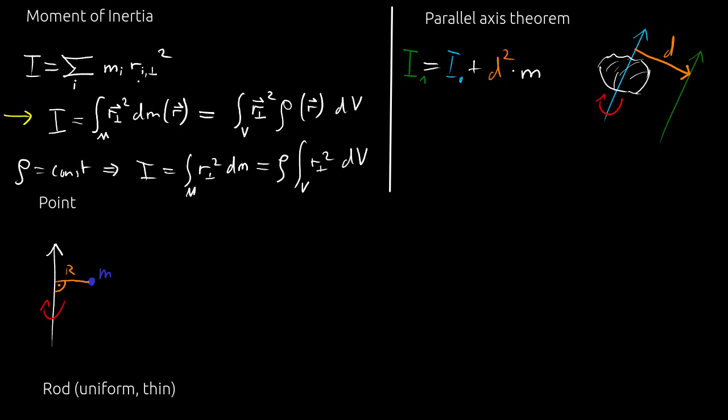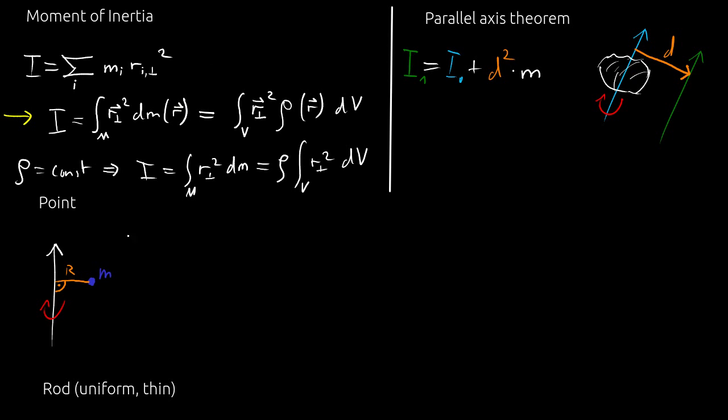So let's remember the definition of the moment of inertia. The moment of inertia equals the sum of all m_i r_perpendicular_i squared. This is basically the mass of a tiny part of an object times the corresponding distance of that part to a certain axis that the object is spinning around.